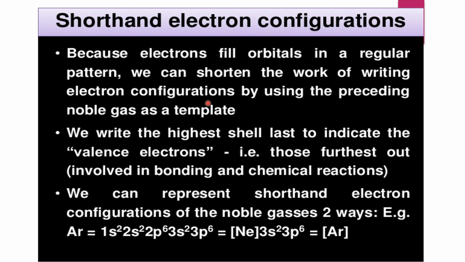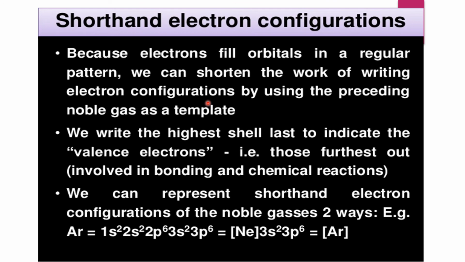How it has to be done is, we have to consider the preceding noble gas. The noble gases are helium, neon, argon, krypton, xenon and radon. Why they are called noble gases is, they are noble. They are also known as inert gases, which are chemically inert in reaction.